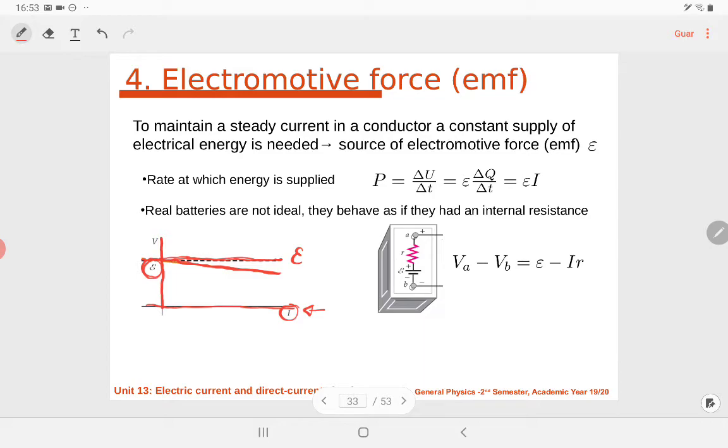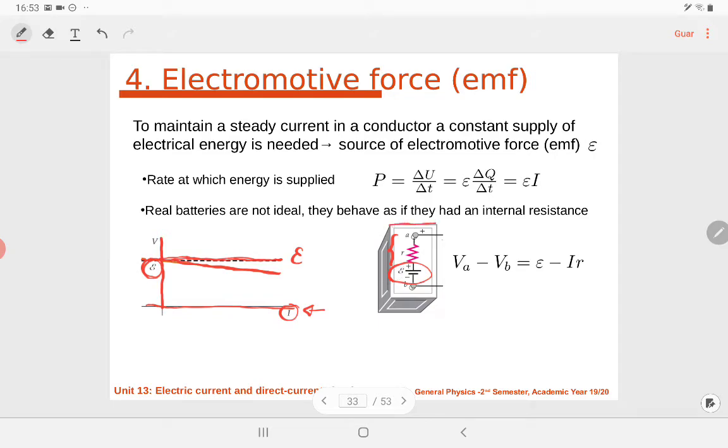This can be represented easily as this part here, which represents the ideal battery, with a little resistor located just next to the ideal electromotive force.